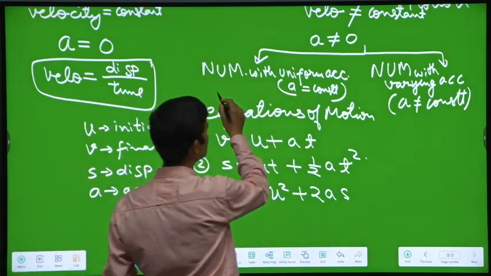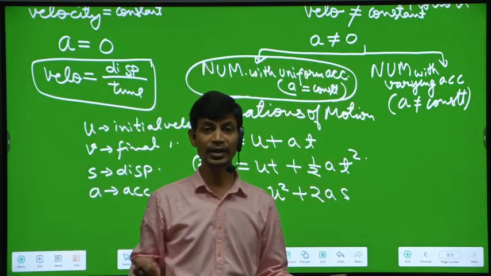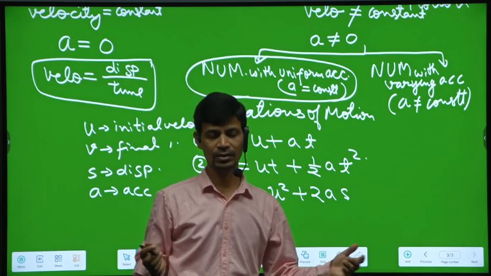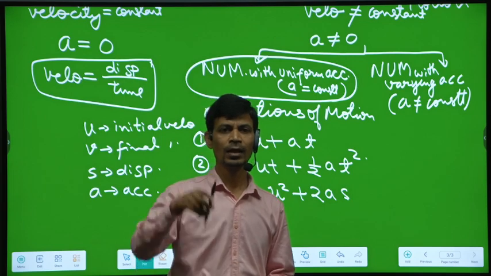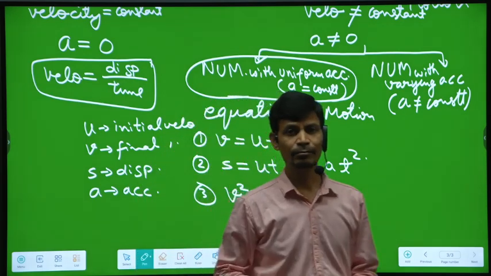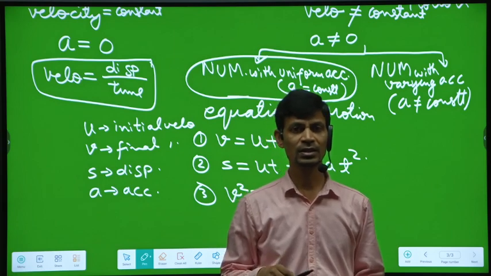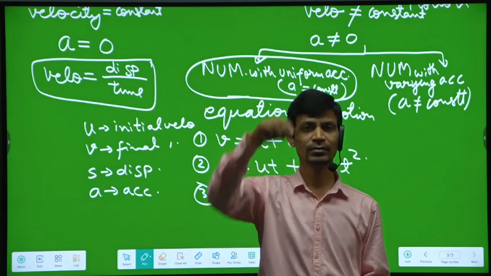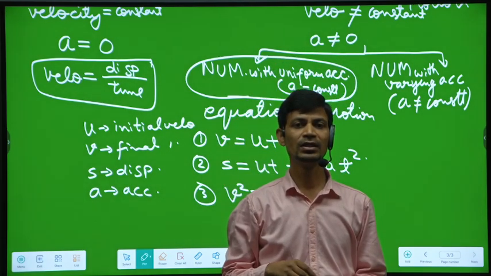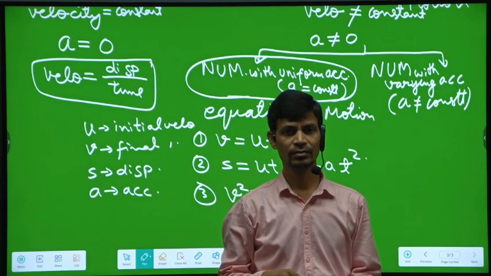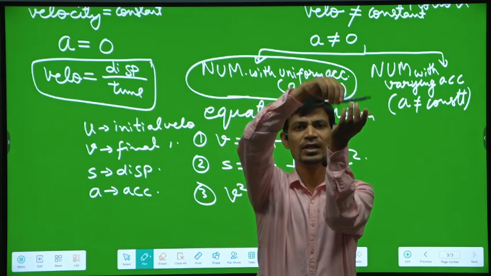Non-uniform motion with constant acceleration. A car speeding up, that is the case of constant acceleration. The best example of non-uniform motion with constant acceleration is motion under gravity. If we drop something, its speed increases. If I want to hold it here, its speed is negligible.